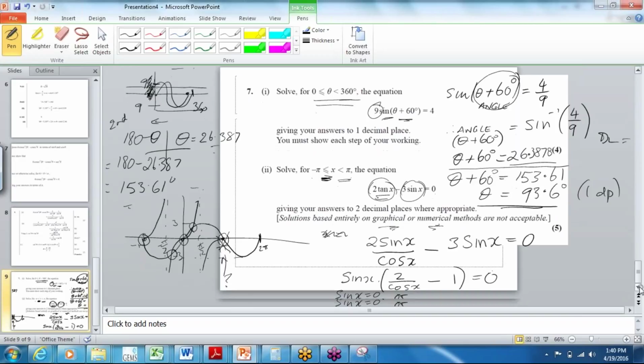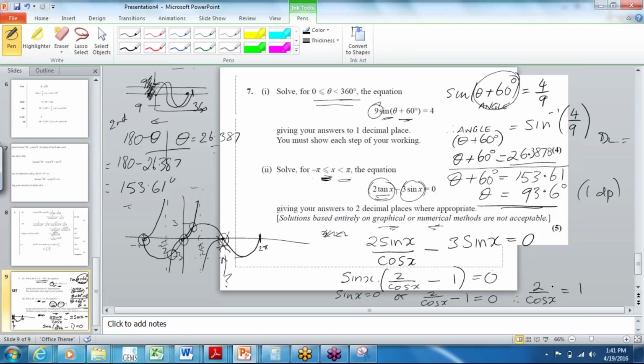You see that? Or 2 over cos x minus 1 equals 0. Therefore, 2 over cos x equals 1. Therefore, I can put the cos up there and put the 1 down here. Something's wrong. Cos x is equal to 2.